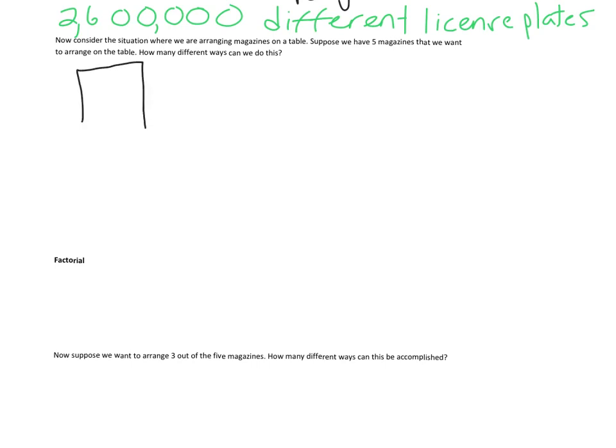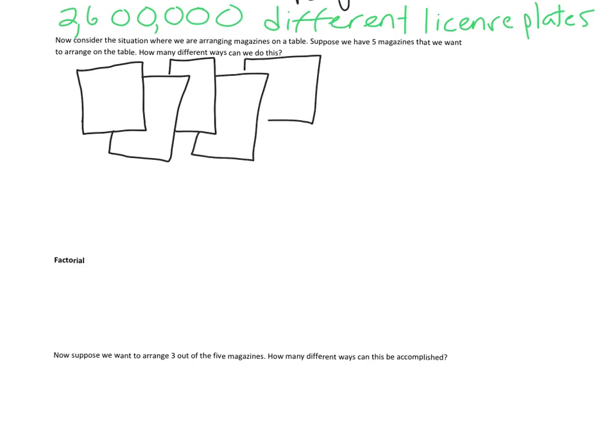All right, so let's draw our picture first. So let's draw our arrangement. So let's say we're arranging our magazines like this. 1, 2, 3, 4, 5. All right, very artistic. Okay, so when we look at our very first spot, we would put the bottom one down first, we have 5 magazines in our hand, so we have 5 magazines to choose from that bottom spot.